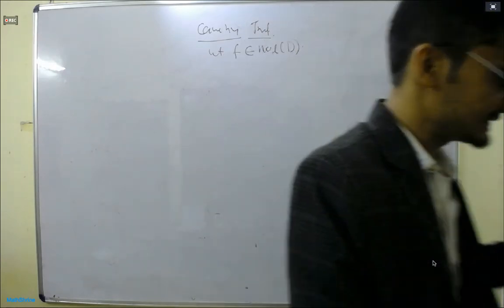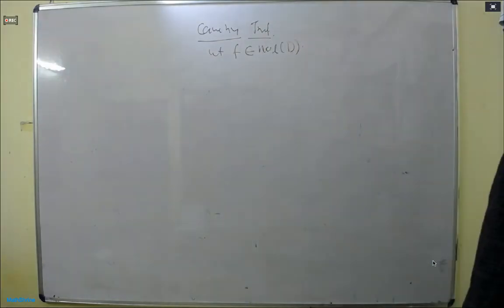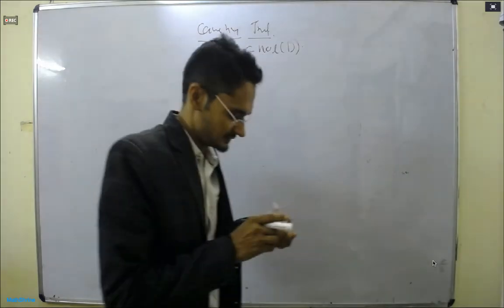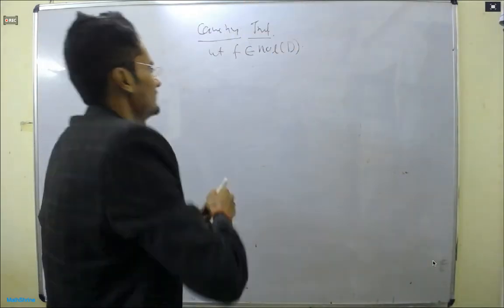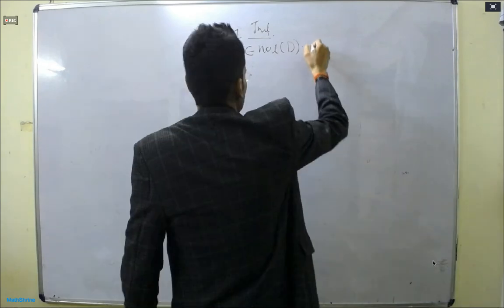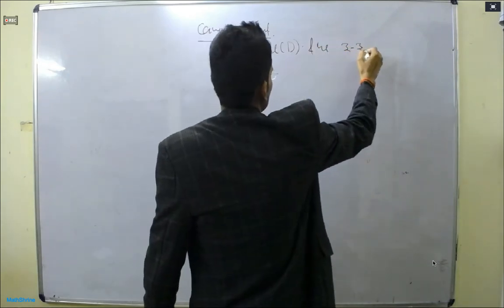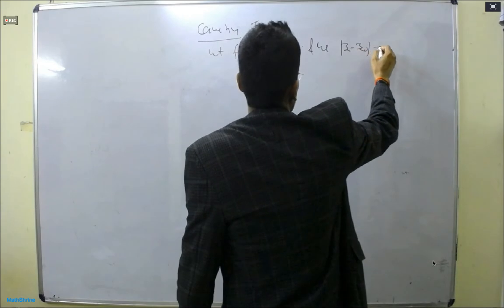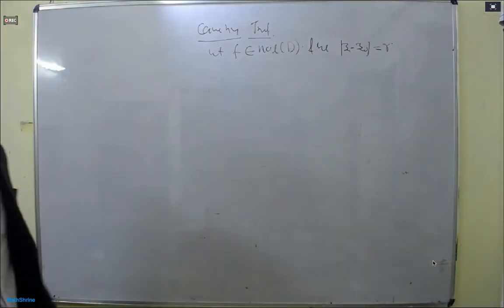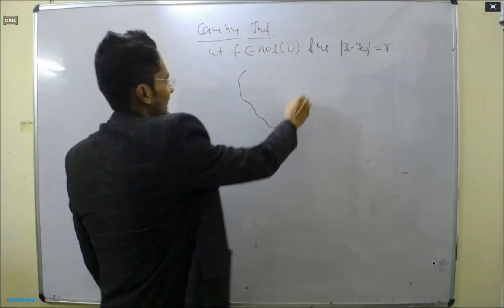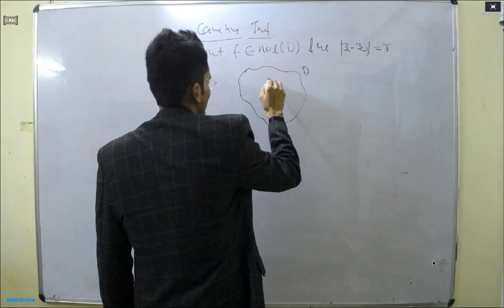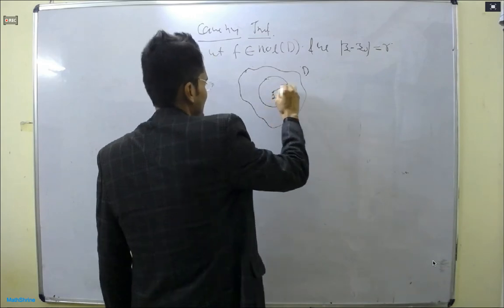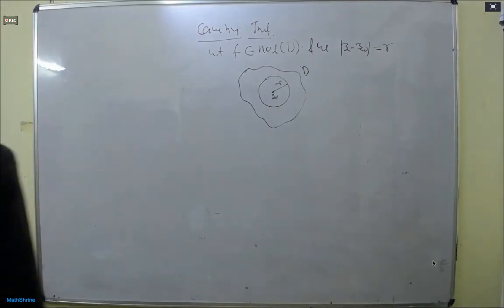So our function is holomorphic, and let there be a circle |z minus z0| equal to R, with center z0 and radius R. Again, mind it: this circle must be inside D, not on the boundary.